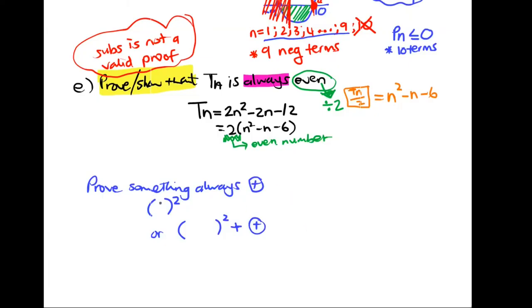Okay, so to prove that something is always positive, it would be something like, prove that, now let's hope that I do this correctly, prove that n squared minus 4n plus 4 is always positive.